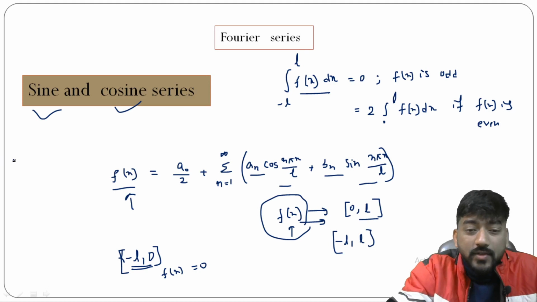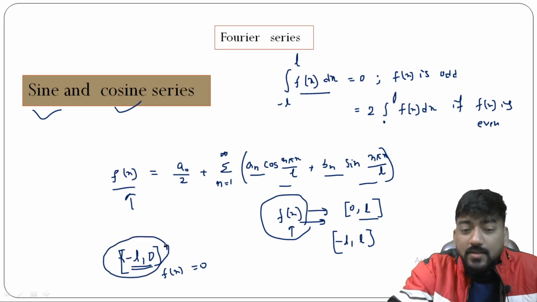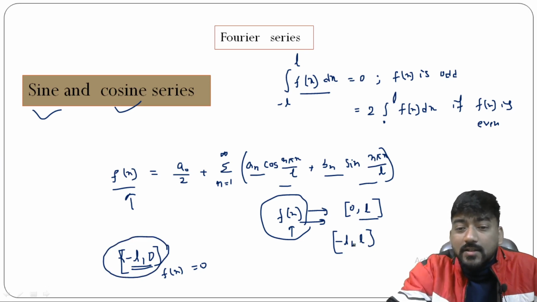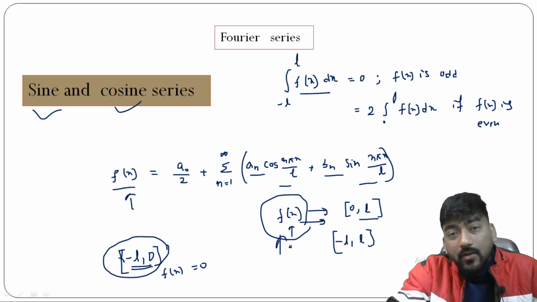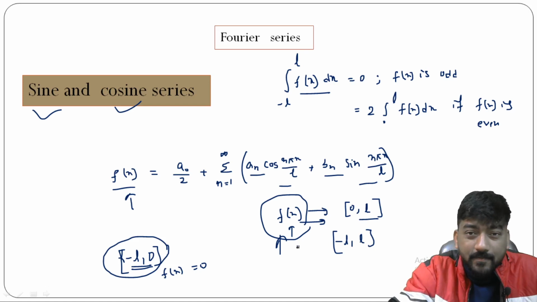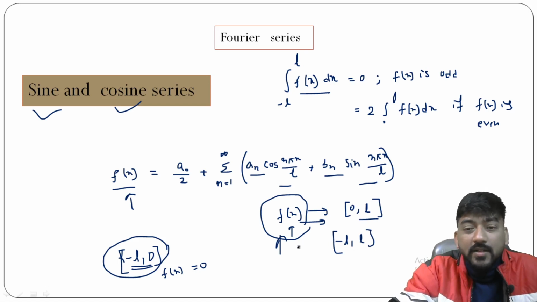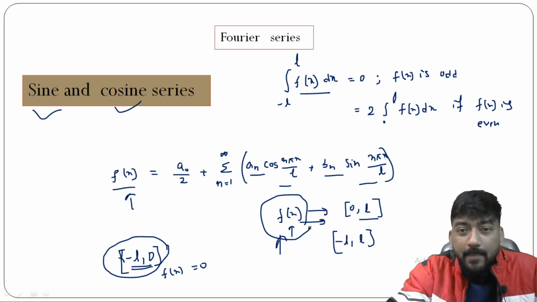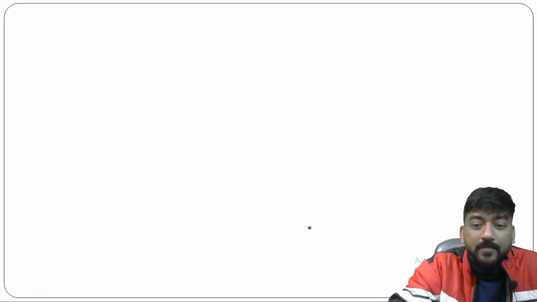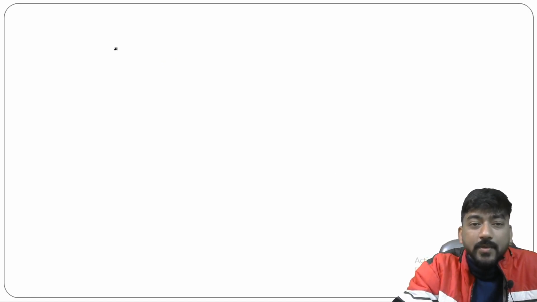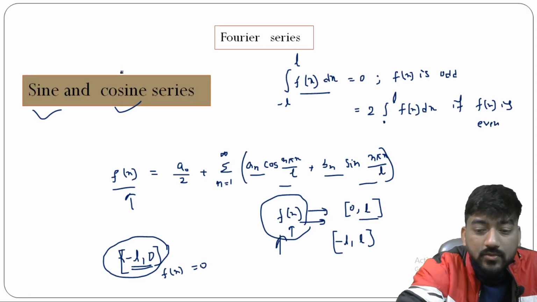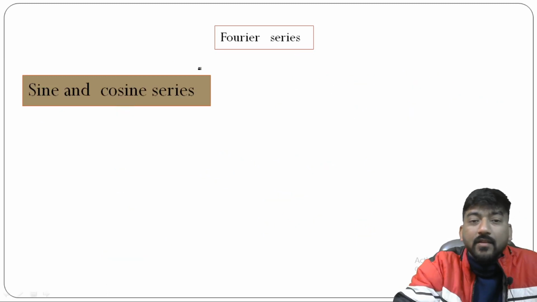You have to draw the function f(x) within the interval minus L to 0 such that the function is converted to either an odd function or an even function. Let me give you an example so that you can understand better. Suppose we have the function f(x) equal to x, a very simple function.